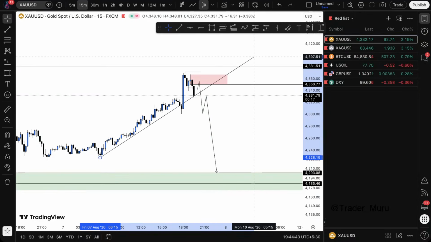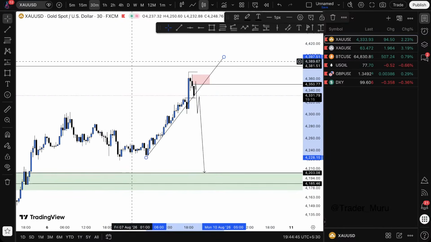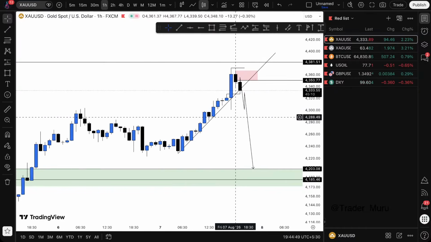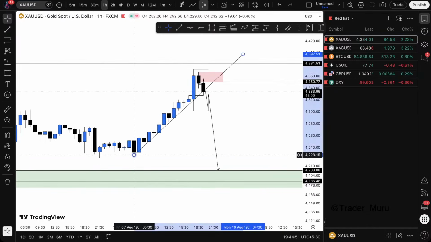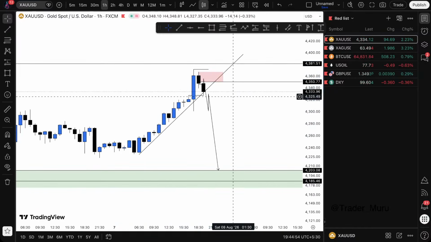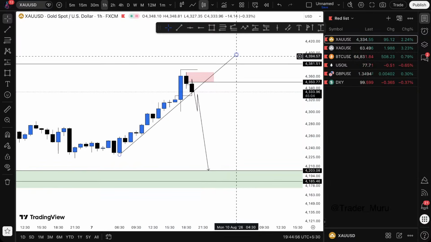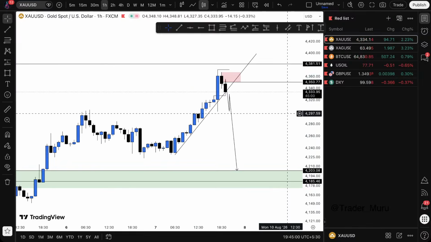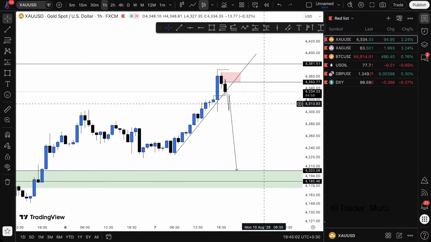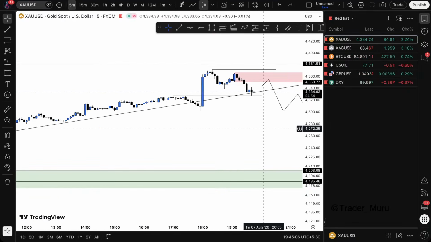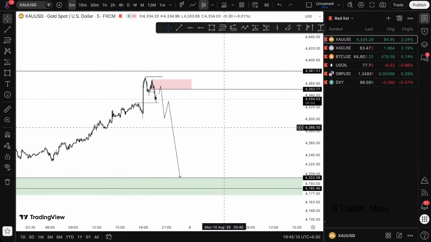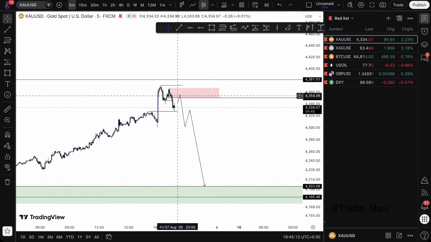If you look at this in a bigger time frame, then it will be valid, but I will suggest you at least wait for our zone. Wait for our zone here.